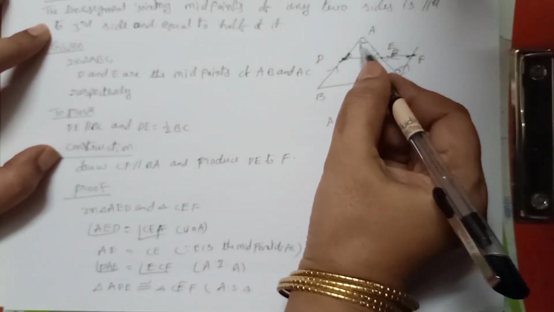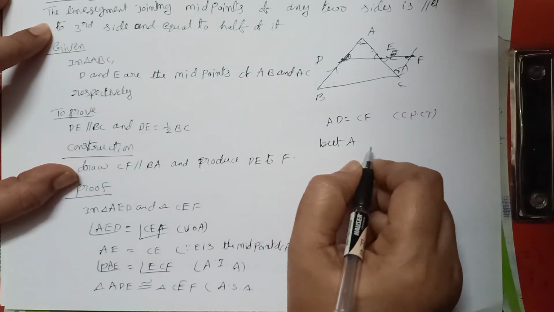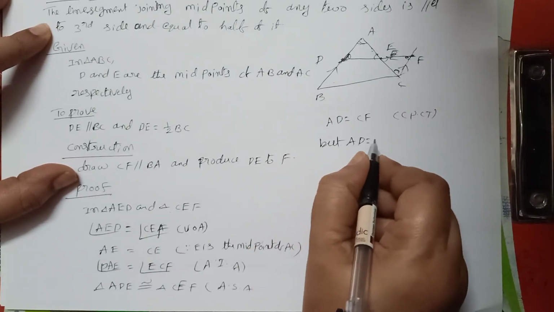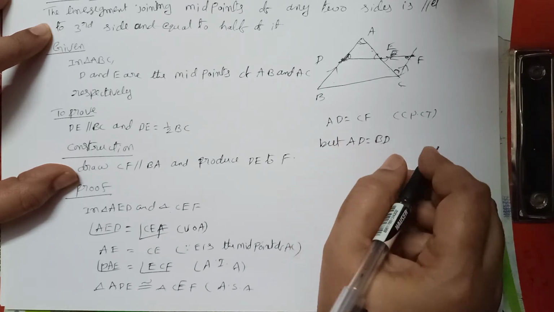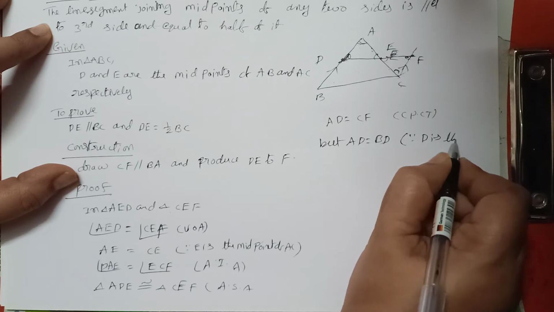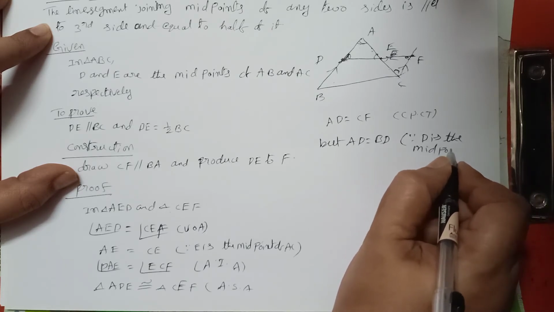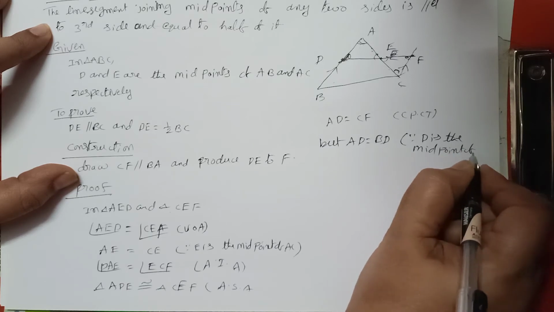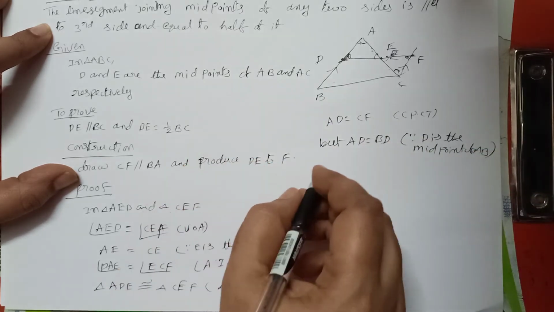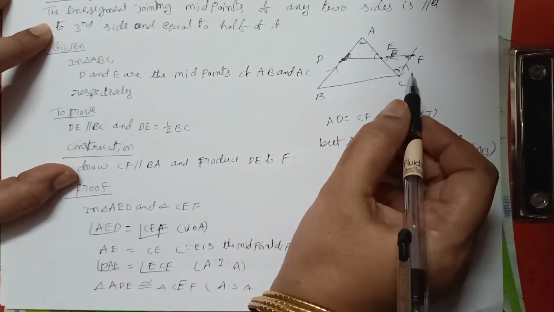But AD is equal to BD since D is the midpoint of AB. Therefore, CF is equal to BD.